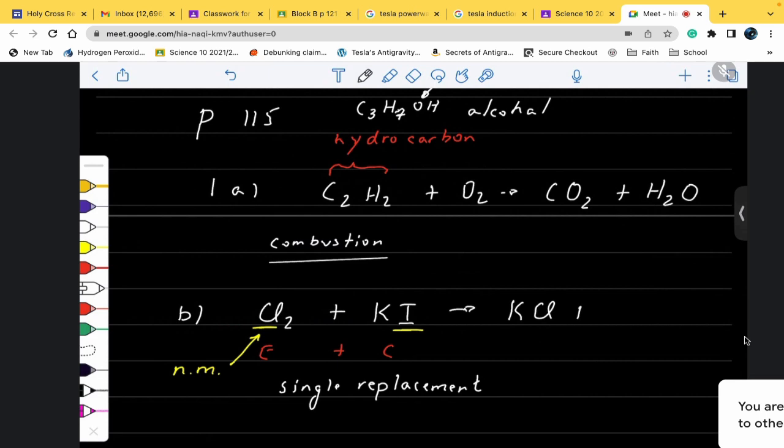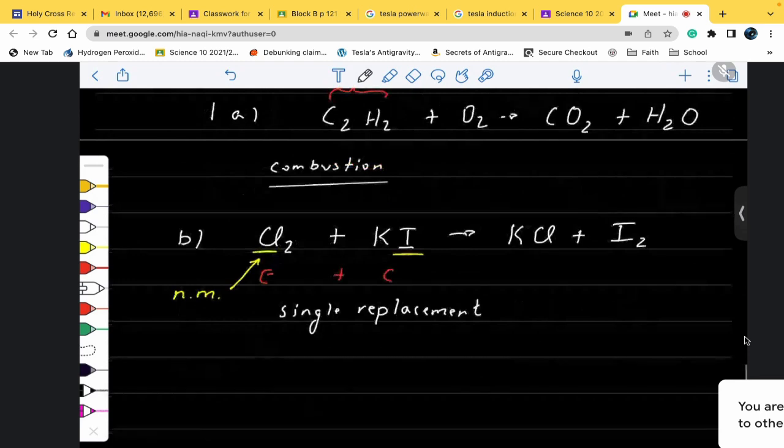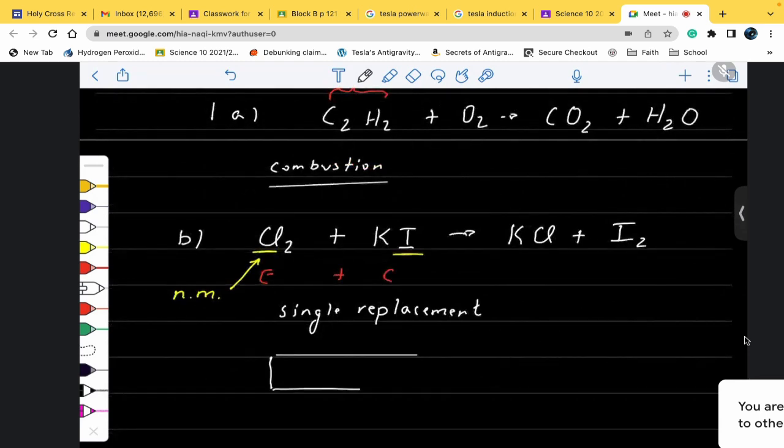The iodine was kicked out, which means now it's all by itself. When an element's all by itself, you then have to ask yourself the question, is it diatomic or not? What do I mean by that? By diatomic, I mean, is it one of the following elements in the inverted L located in the periodic table?